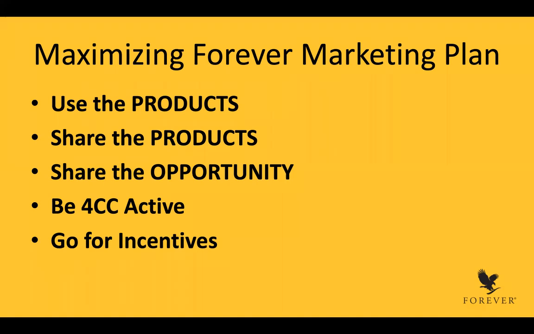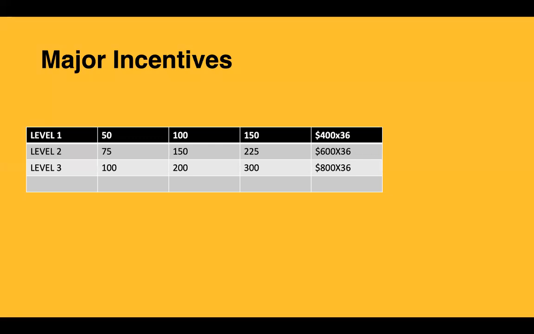Now, what are these main incentives in Forever? The most important incentive, the number one incentive that I want to talk about is what we call Forever to Drive, or rather we sometimes call it car plan. Now, Forever to Drive is an incentive which comes in 3 levels. There's level 1, level 2, and level 3.